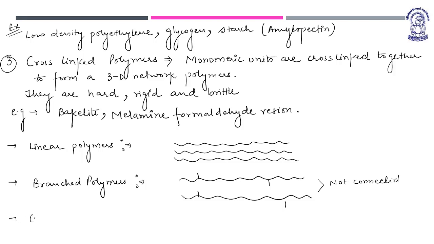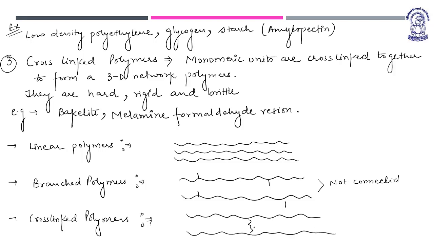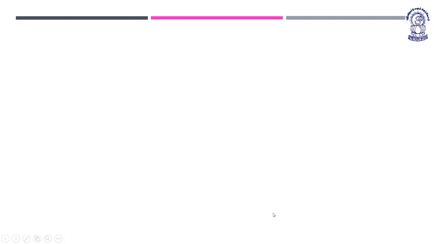But in the case of cross-linked polymers, the polymerized chains are interconnected. This interconnection can be a disulfide linkage, like this. So these are linear, branched, and cross-linked polymers.